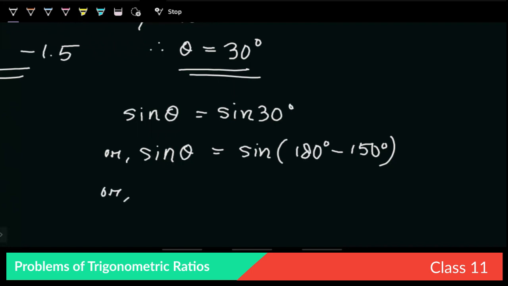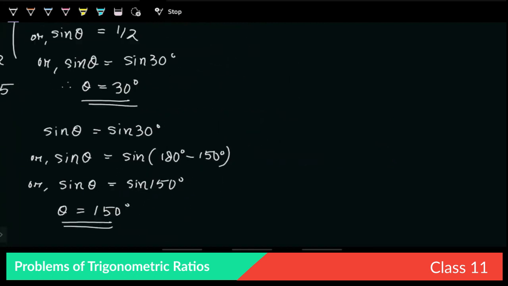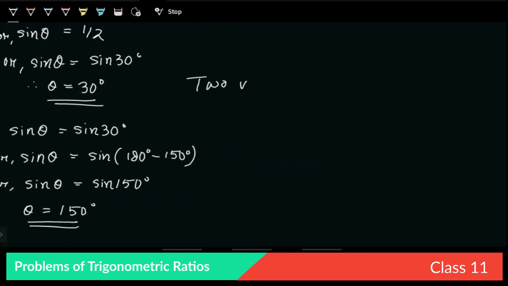So we can write it as sine of 180 minus 150. We know that sine of 180 minus theta is sine theta. Here theta is 150, so sine of 180 minus 150 is sine of 150. If we compare this, we get theta equals 150 degree. So we have got two values of theta: one is 150 degree and another is 30 degree.